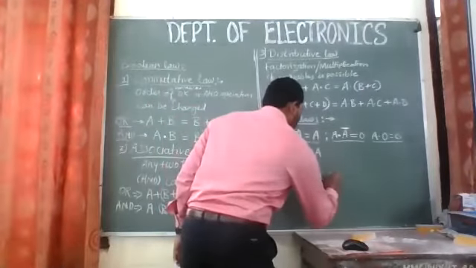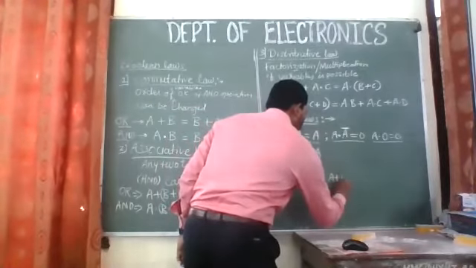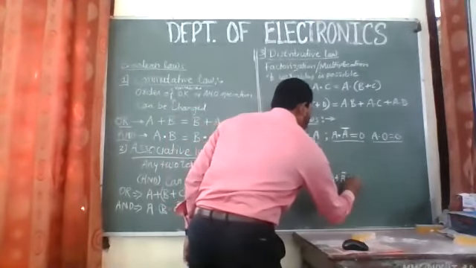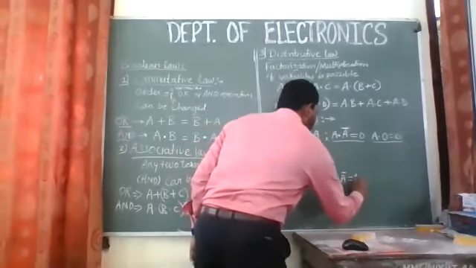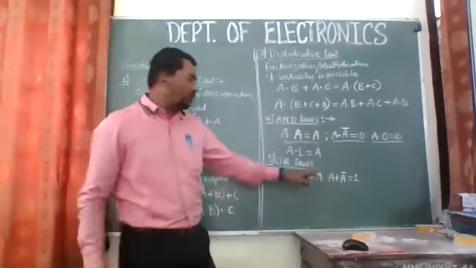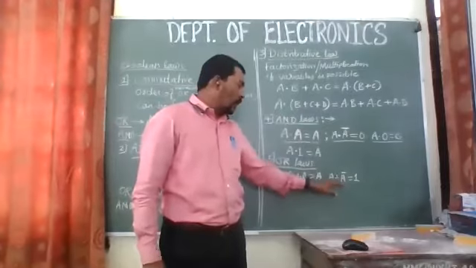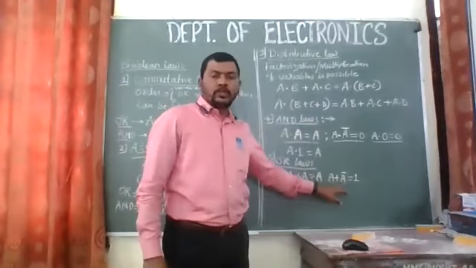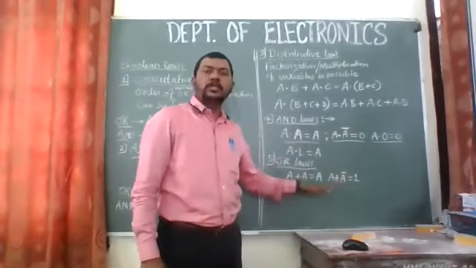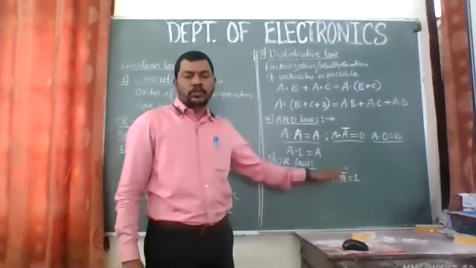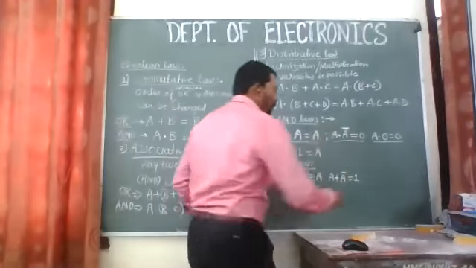Then we have A plus A complement. A plus A complement will give you 1, because one of the variables is 1. If A is 1, then A complement will be 0, and if A is 0, then A complement will be 1. So if any one of the variables is 1, the OR operation will give you the output 1.